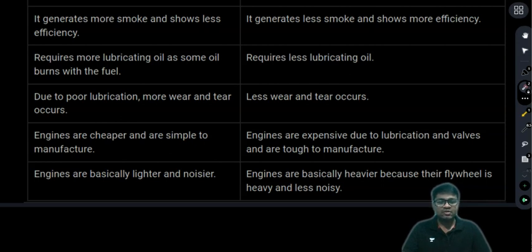Okay, let us understand about the four stroke. During all these four strokes, in each stroke we are not getting power, right? Among all four strokes, there is only one stroke during which we get power. That simply means to operate the other three strokes, we need to provide some power to the engine. That power we bring from the flywheel.